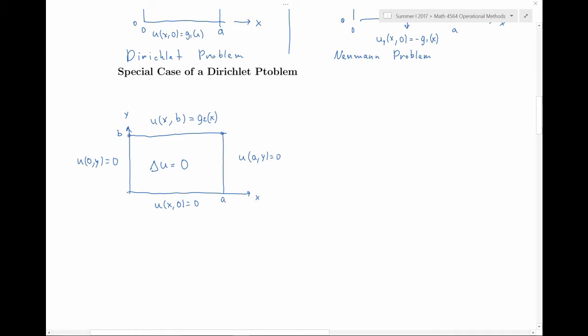Since at each end the other boundary conditions are 0, we require that g2 of 0 equals g2 of a equals 0. This is sort of a compatibility condition, meaning that we don't have any tears in our membrane.